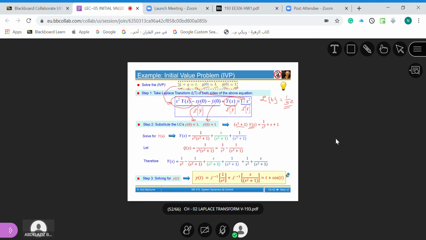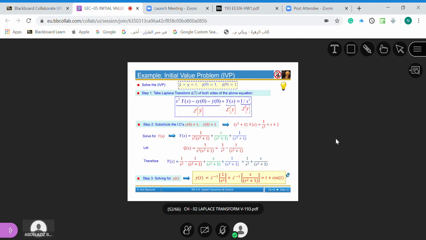The right hand side we have 1 over s squared here, and s times y0, which will be s, and we have y dot 0 will be 1. So this is the right hand side and this is the left hand side, and this is your algebraic equation. We wrote it now as an algebraic equation.